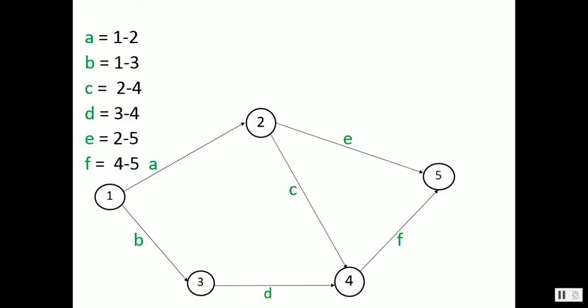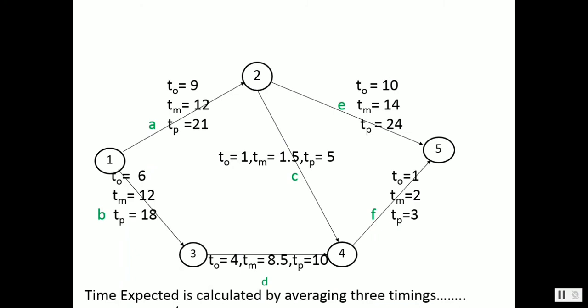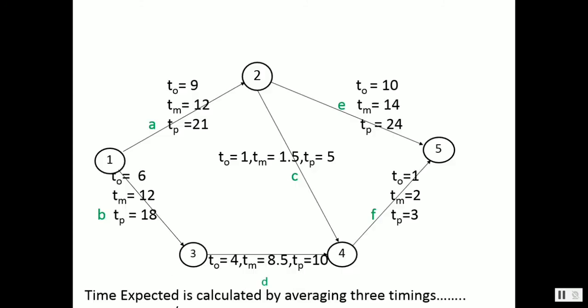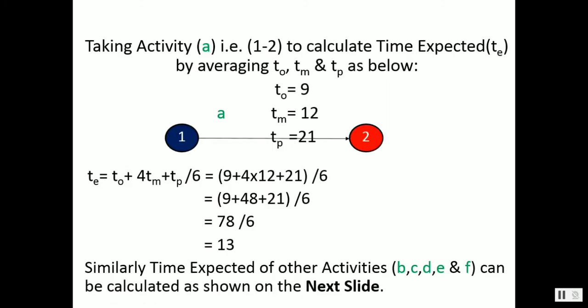Now, going back to the diagram where we were discussing, time expected, that is TE, is calculated by averaging these 3 values assigned to each activity. The next slide shows how we calculate. We take one instance, that is 1, 2 only, for calculation. For activity A, we take all 3 values in this slide.